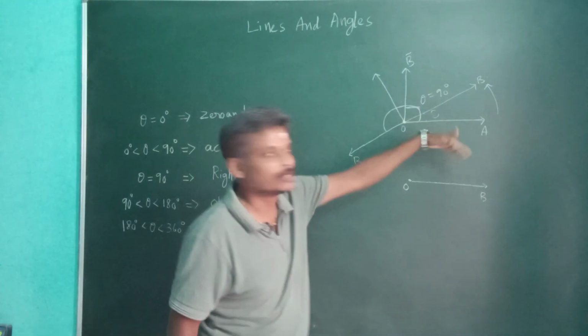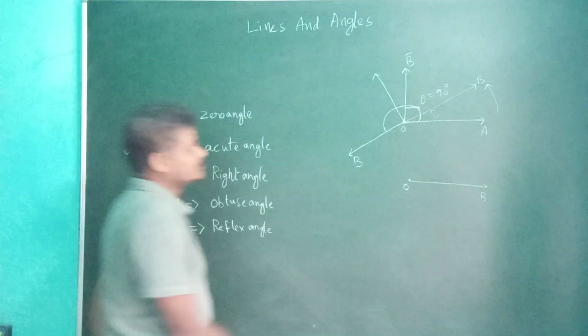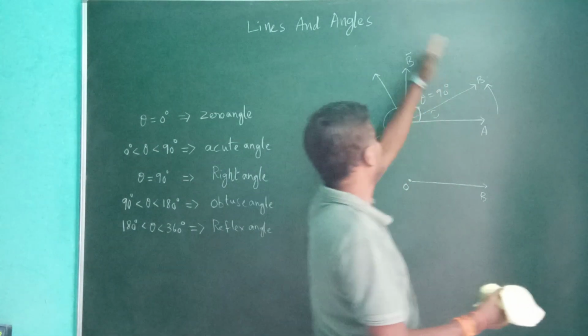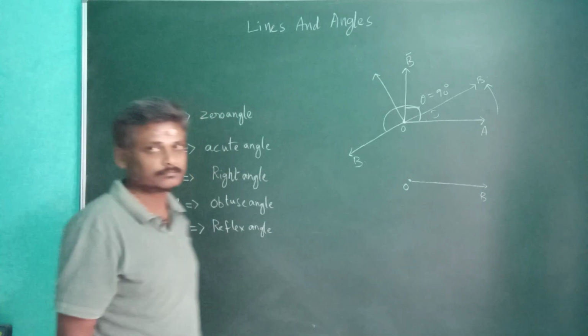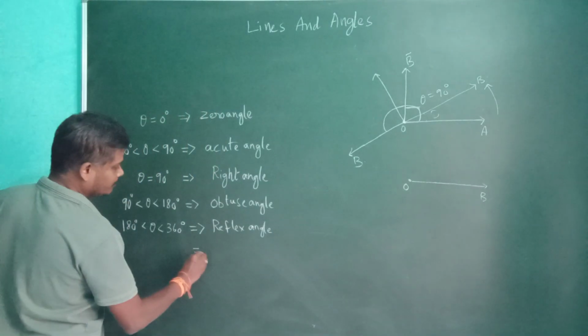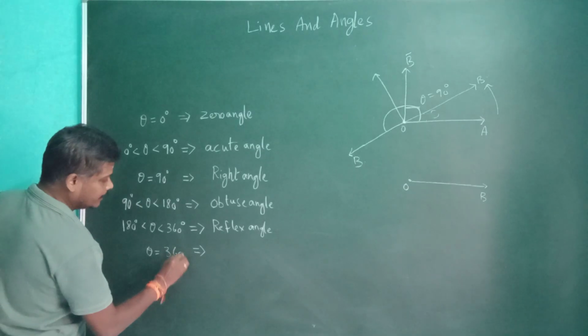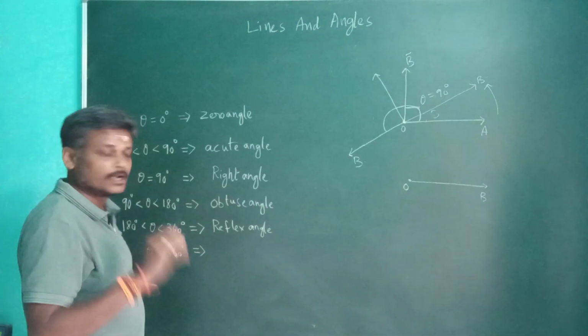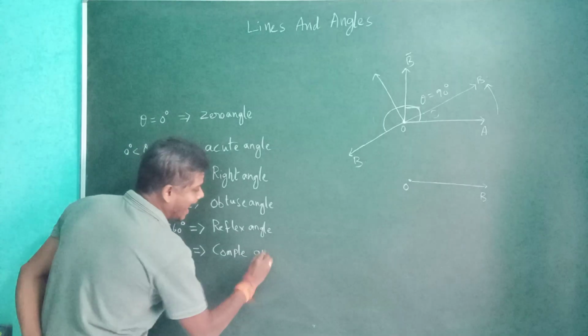Even this angle also comes under reflex angle. If I rotate it further such that OB after rotation coincides with OA again, then it completes one rotation such that theta is equal to 360 degree. It is called complete angle.